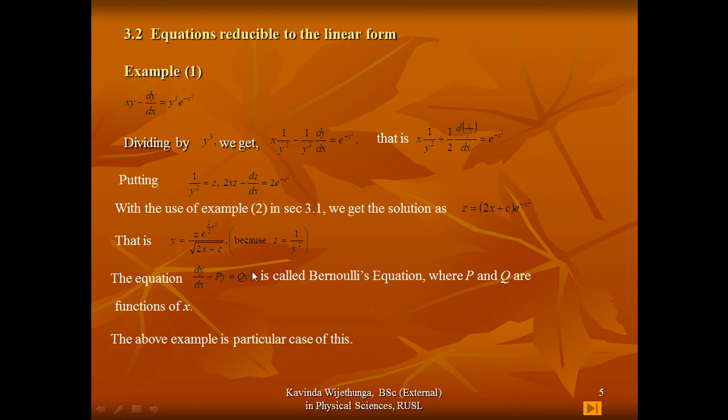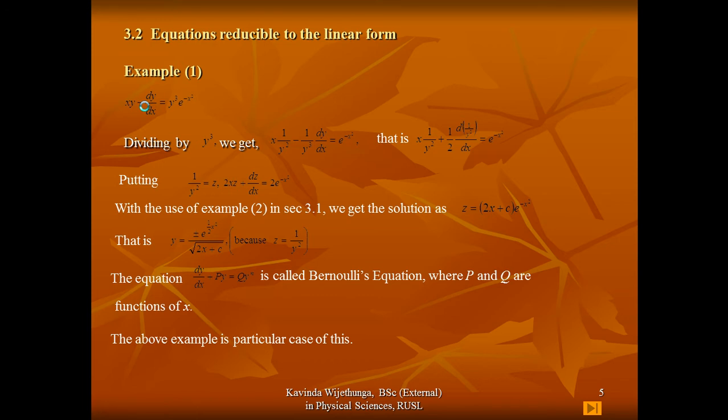Compared with the linear differential equations, there is one additional term on the right hand side, that is y to the power n. If we see this type of equation, we call it a Bernoulli equation, right? Here p and q are functions of x. So this equation is also a Bernoulli equation.